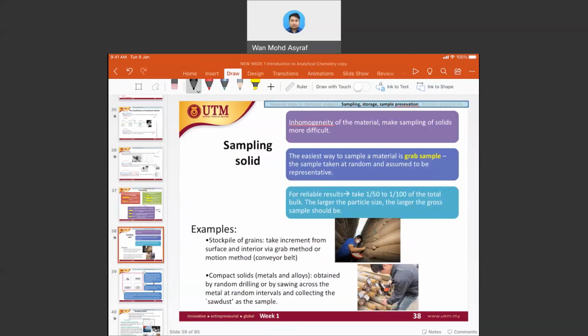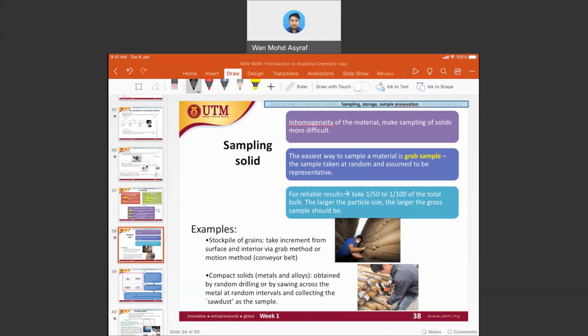All right, the next slide. We are going to look at how to sample a solid. Inhomogeneity of the material makes the sampling of solids much more difficult.